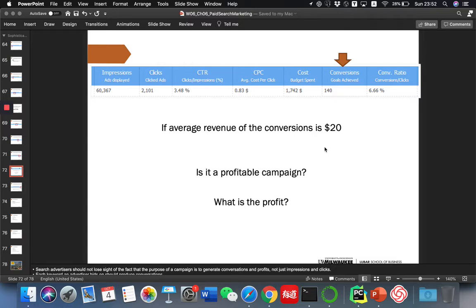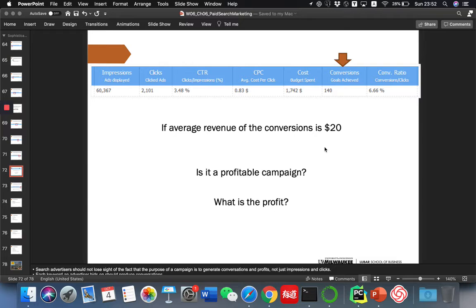What is profitable? What does it mean, profitable campaign? It means you will get some profits from this campaign. On the one hand, you get revenue from the deals, from the conversions.